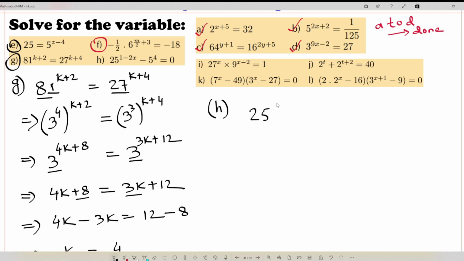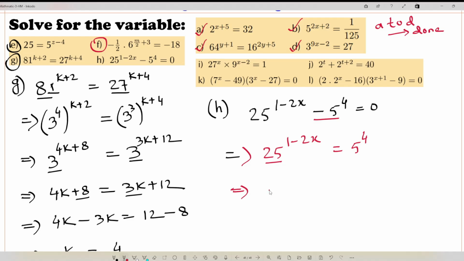25 to the power 1 minus 2x minus 5 to the power 4 equals 0. This one first we can do 25 to the power 1 minus 2x equals, this minus 5 to the power 4 we can write as plus 5 to the power 4, right?